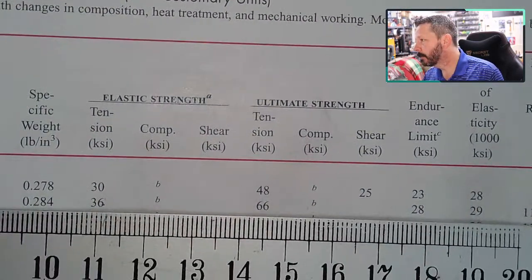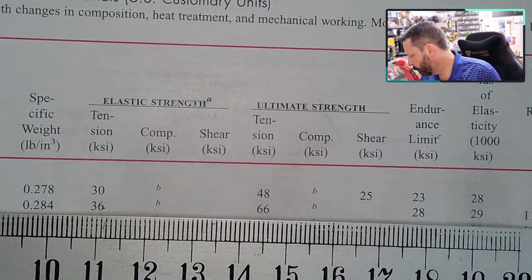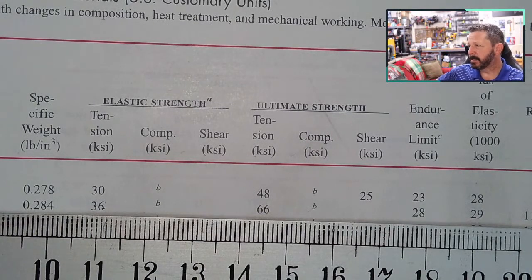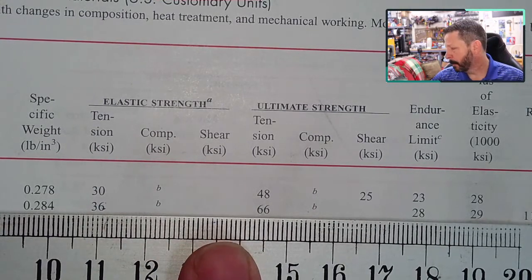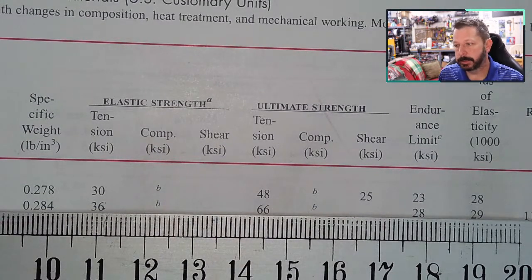But shear is totally missing on a lot of these. There are a couple that have a number in shear. The reason that shear is not listed here is, assuming you keep taking classes in mechanics, strength of materials, then you'll have the option of a whole bunch of different ways to model that value for shear. And so that's why they leave it blank, because they don't really know: are you going to use distortion energy, maximum shear?